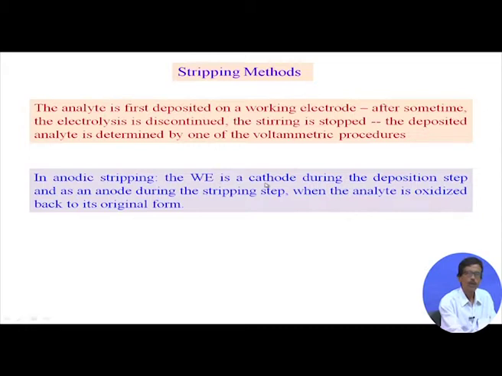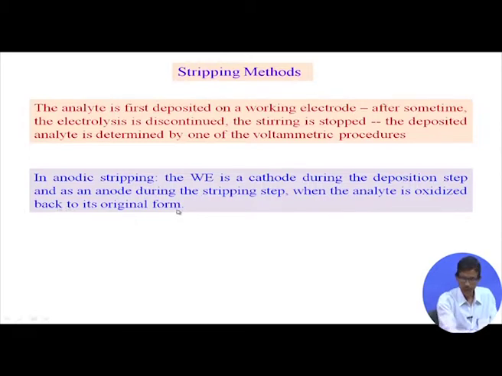When your working electrode is a cathode, you get the deposition, then you change the potential to anode. When it behaves as the anode, you get the corresponding stripping process, when the analyte is oxidized back to its original form.